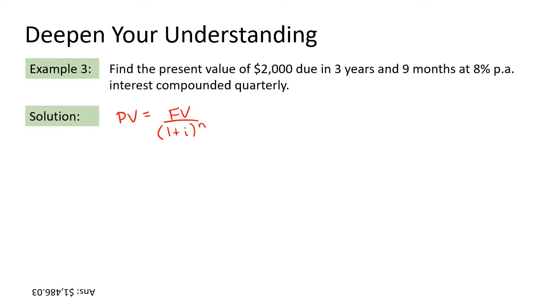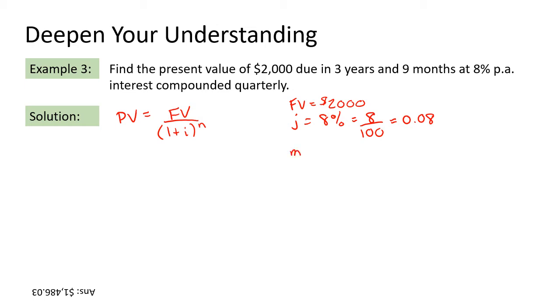So what do we know? Okay, we know our future value is $2,000. Okay, we know that our nominal interest rate is 8%. Remember, that has to be converted to a decimal, so it's 8 divided by 100, removing the percentage sign, which equals 0.08.